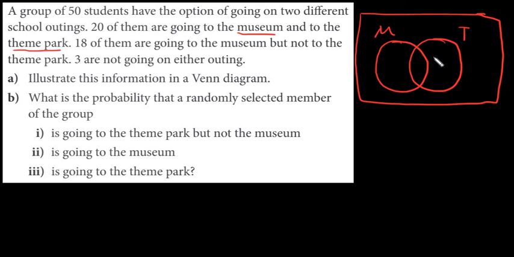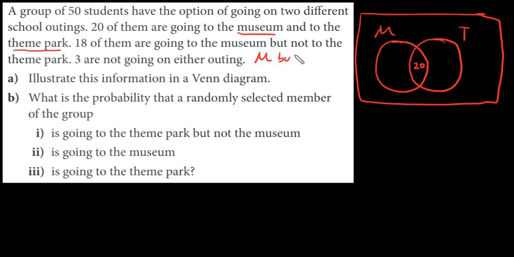All right. 20 of them are going to the museum and the theme park, so this part in the middle represents both. So 20. 18 of them are going to the museum, but not to the theme park.